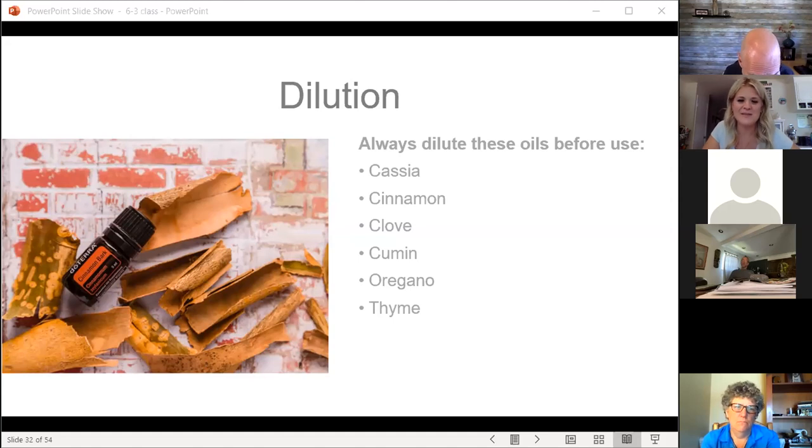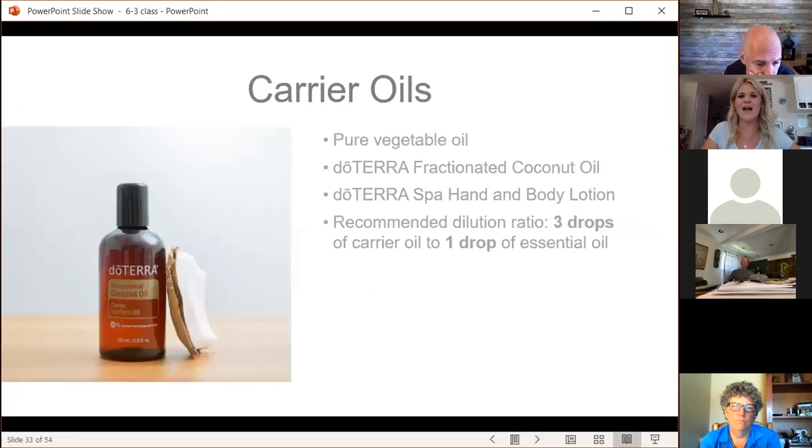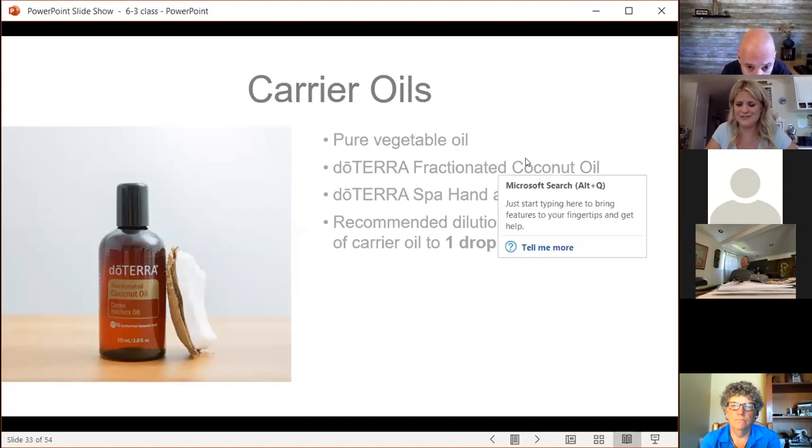So what do I mean by dilute? When you dilute your essential oils, I like to use fractionated coconut oil. People can also use olive oil, grapeseed oil, almond oil, or jojoba oil.